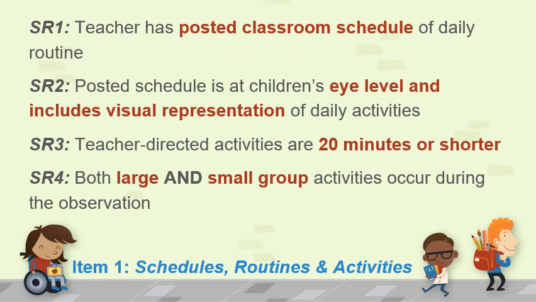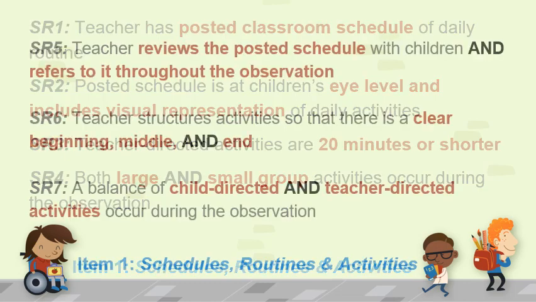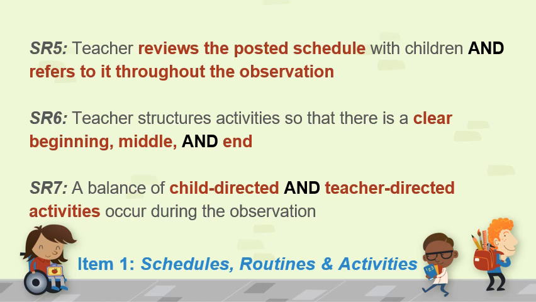SR4, both large and small group activities occur during the observation. Now, large group can be large group, or it can also be message board. SR5, teacher reviews the posted schedule with children and refers to it throughout the observation.